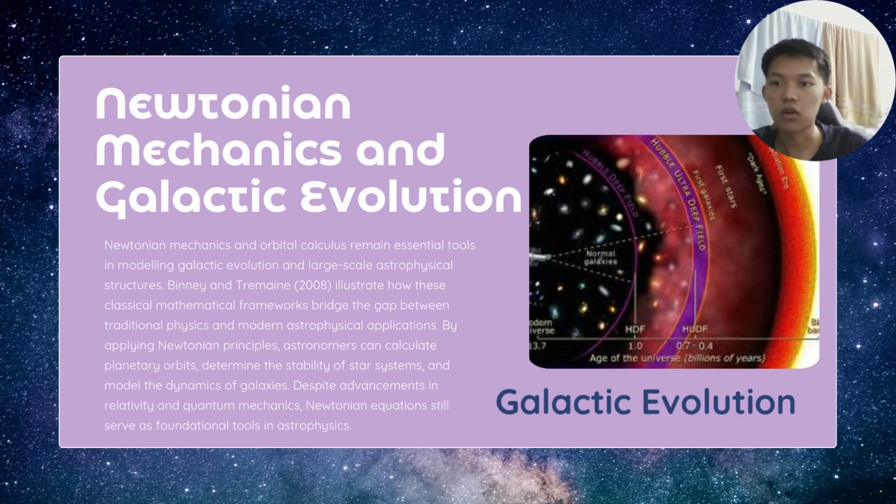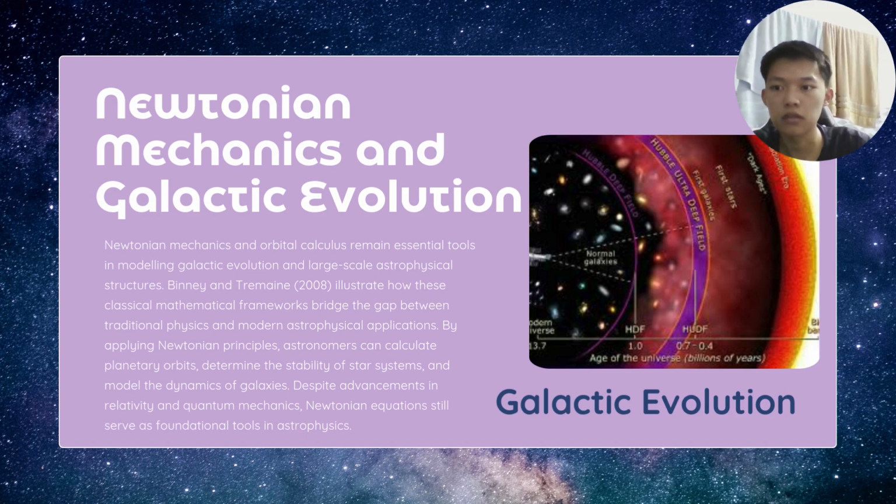Newtonian mechanics and orbital calculus continue to be fundamental in modeling galactic evolution and large-scale astrophysical structures. Despite advancements in general relativity and quantum mechanics, classical Newtonian equations provide essential approximations for understanding planetary orbits, stellar motion, and galactic dynamics.